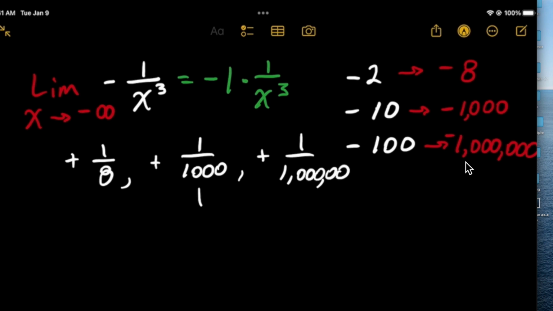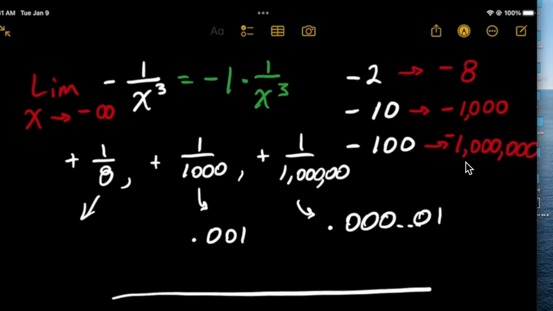Remember, this 1 over 1,000 is going to be 0.001. This is going to be 0.00, etc., 01. And this is going to be 1/8.